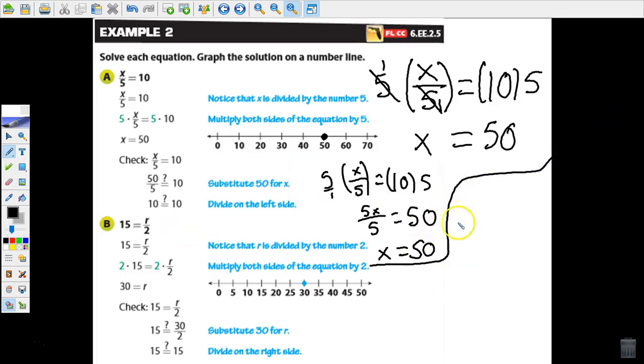So now I've got 15 equals r over 2. So to solve this, I've got to multiply both sides by 2.